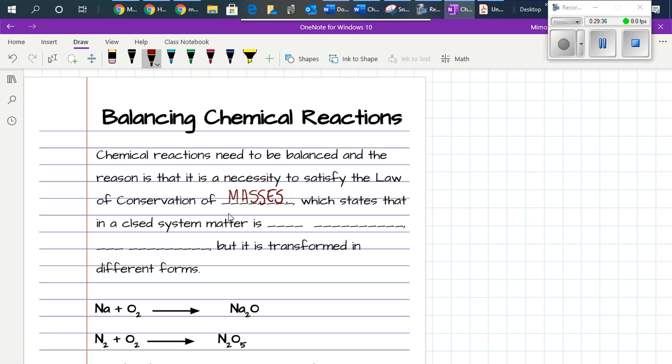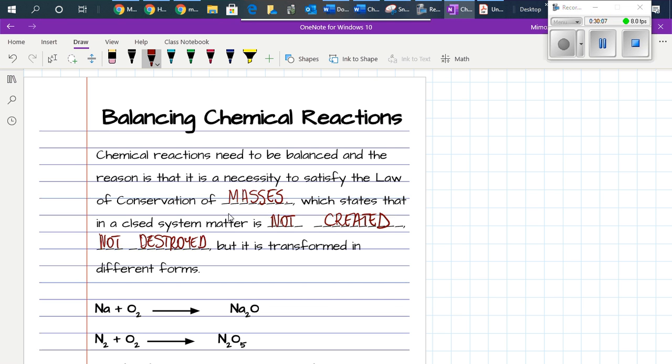What the conservation law of masses says is that mass is not created and is not destroyed, but it is transformed from one form to the other.